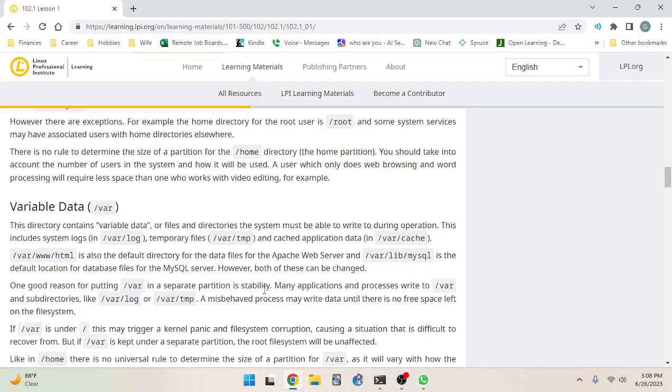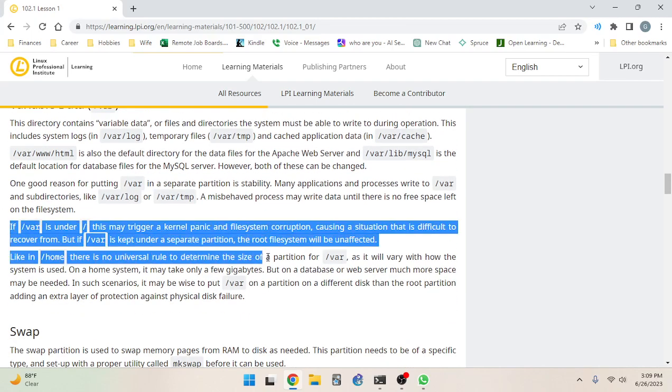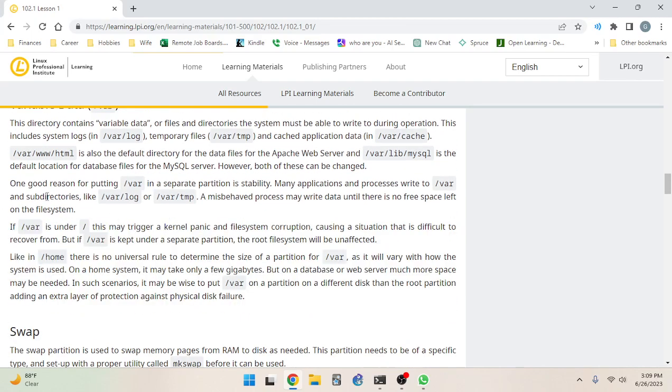So for example, a log entry keeps telling you a port's down, and it just keeps doing that until it doesn't have any more space on the disk to produce that message. If /var is under /, this may trigger a kernel panic and file system corruption.